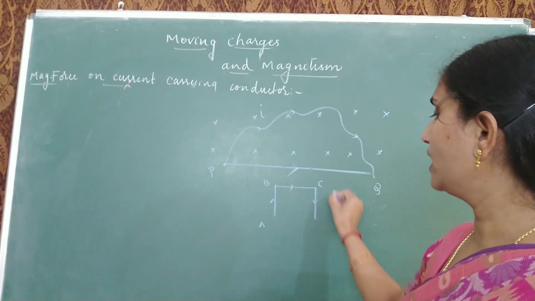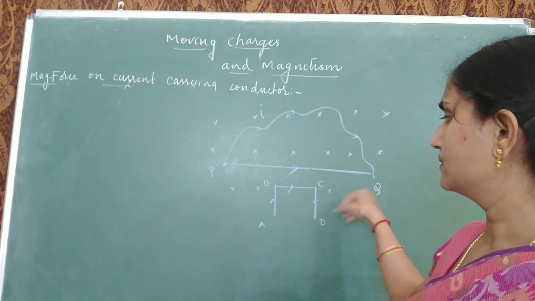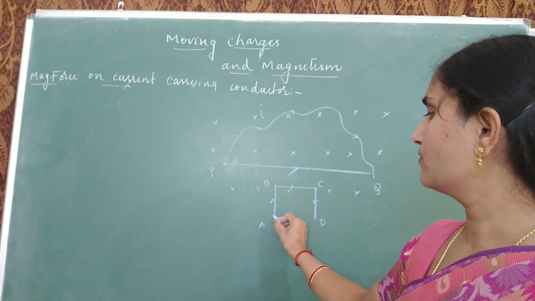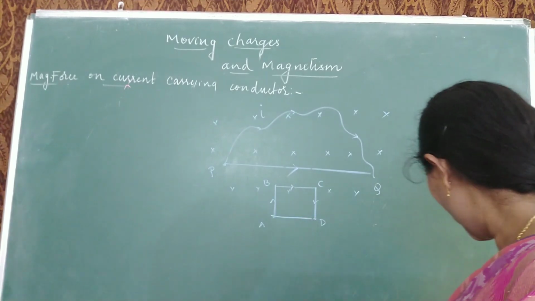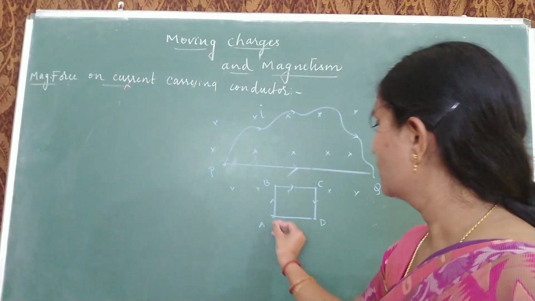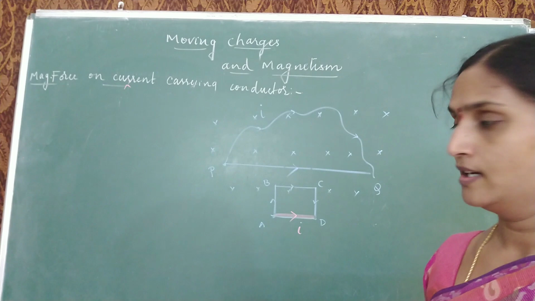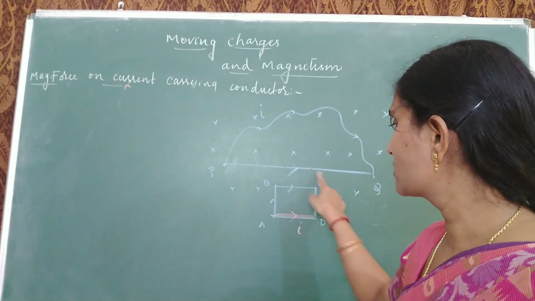Find the force acting on A, B, C and D placed in a magnetic field. What steps are you supposed to follow? Just draw a straight line from the starting to the ending point, A to D. I'll indicate with a different color. Close it. Let the current be the same, I. Whatever is the force on AD, the same will be the force acting on this loop.